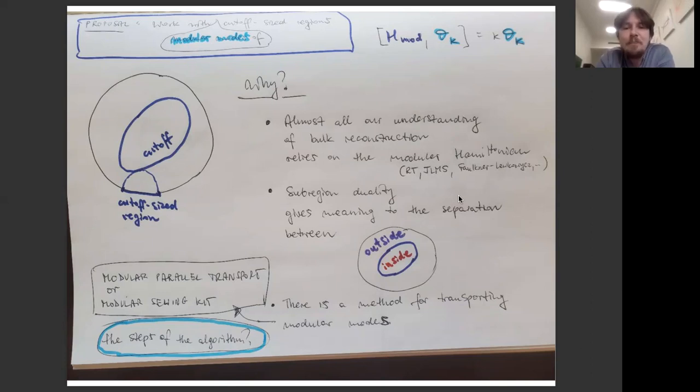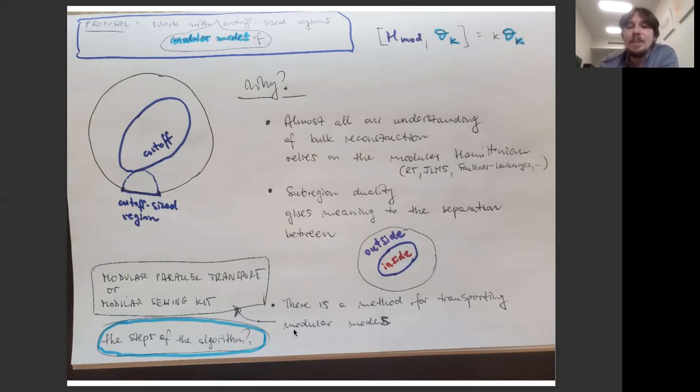The second reason is subregion duality. Subregion duality gives a very specific meaning to the separation between the inside and the outside. So maybe this is one handle on how to understand the cutoff, which is yet different from other ways of thinking about the cutoff, such as the TT-bar deformation.